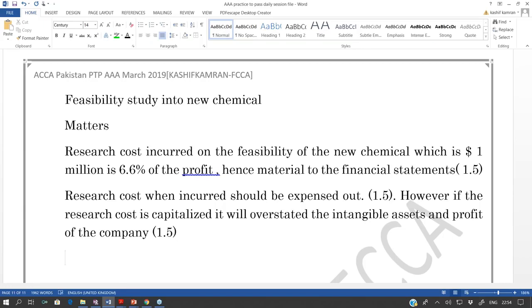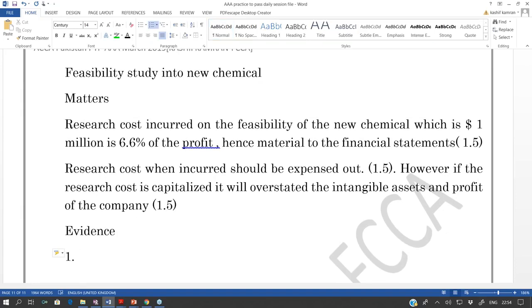Now, can we write evidences? Will I have the copy of the board minutes which must have given the approval to incur a research cost into a new chemical?